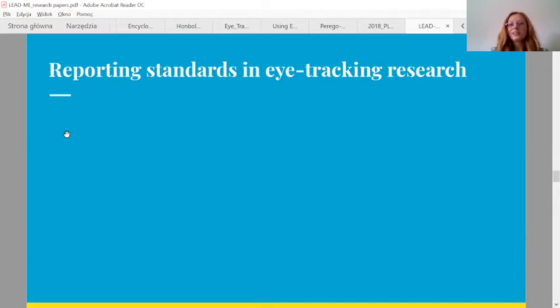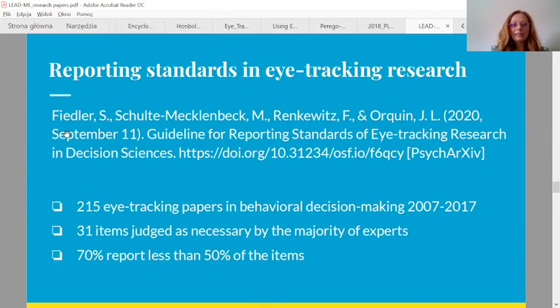Well, the standards are actually lacking, but there is a nice publication uploaded in 2020 in PsyArXiv that gathered 215 eye tracking papers published between 2007 and 2017. And basically, they listed all of the items reported in these papers, and then took experts to decide which of these items are really necessary and should always be reported in any eye tracking research paper.